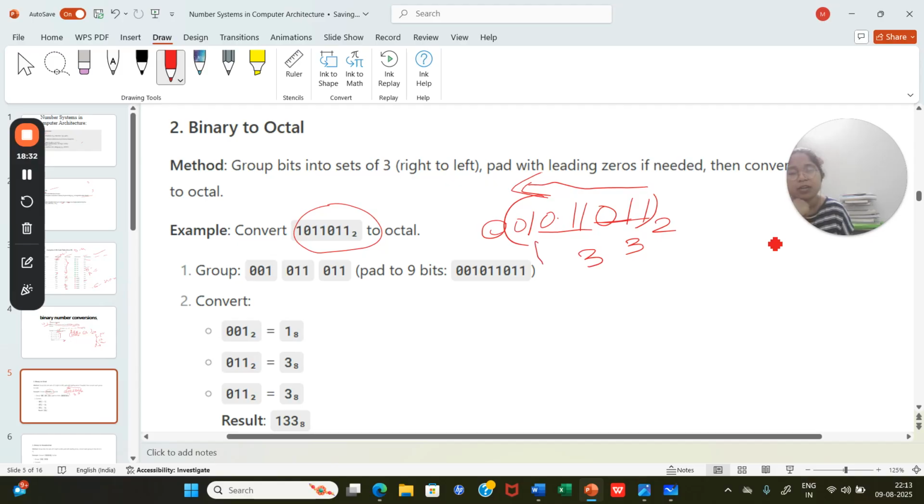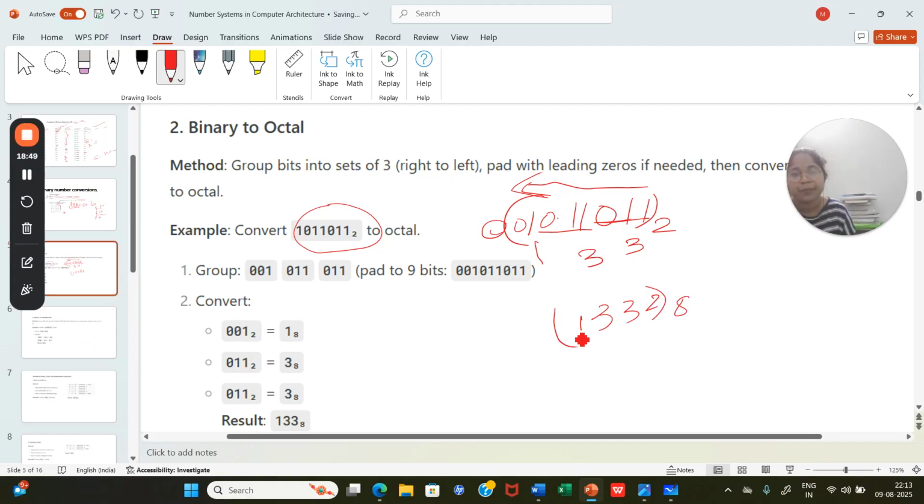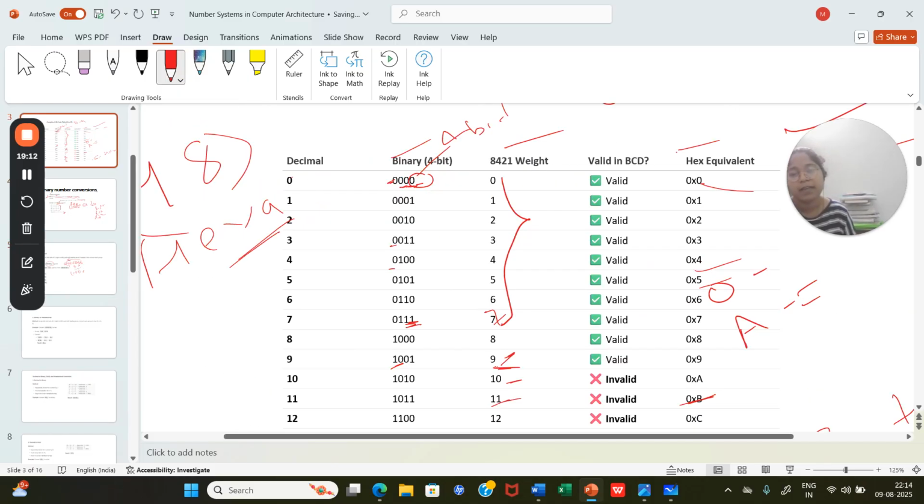Octal conversion of the binary value 1 0 1 1 0 1 1, base 2, is 1 3 3, base 8. So how did I write these values? Look at this chart. The binary values, whatever we took from here. Look at the binary value for the 3.